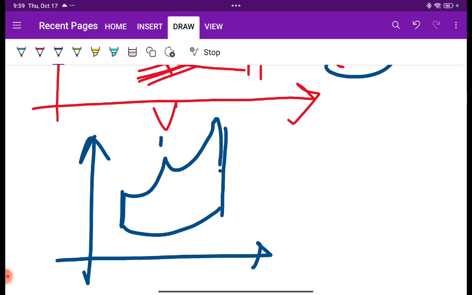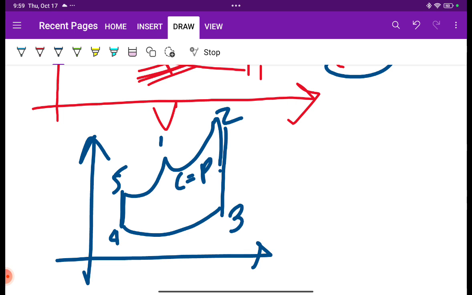This is 1, this is 2, this is 3, this is 4, this is 5. So, as I've said, in process 1 to 2 we have adiabatic compression, and heat addition takes place at constant pressure.